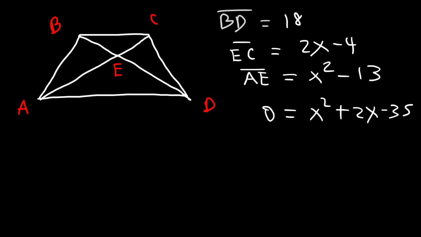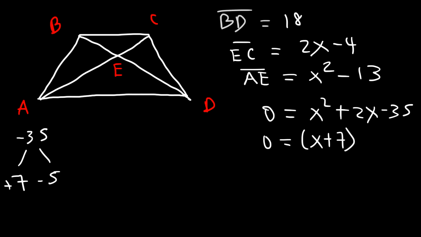What two numbers multiply to negative 35 but add to the middle coefficient 2? Well, we know 7 times 5 is 35. So which number should be positive, 7 or 5? This is going to have to be positive 7 and negative 5. 7 times negative 5 is negative 35. 7 plus negative 5 adds up to positive 2. So to factor it, it's going to be x plus 7 times x minus 5.